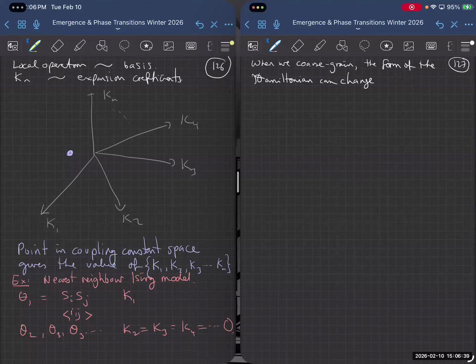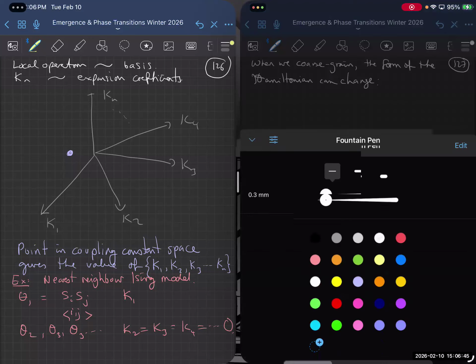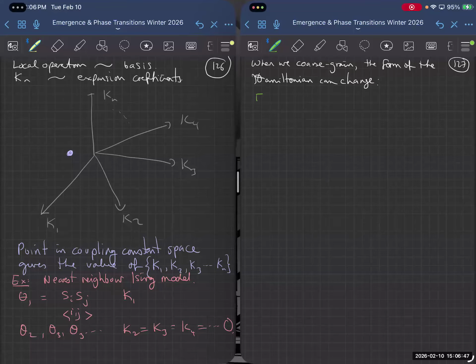And we discussed that when we introduced the Kadanoff block spin construction early on. So remember, I gave you this example. I gave you the example of a Hamiltonian with next nearest neighbor interactions only.